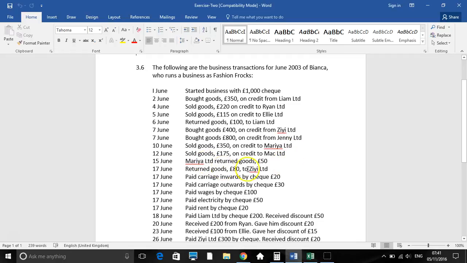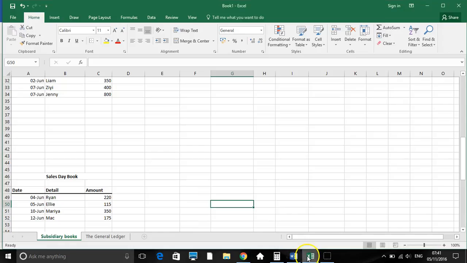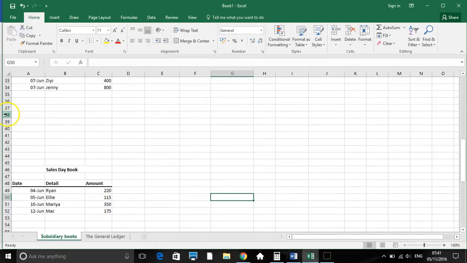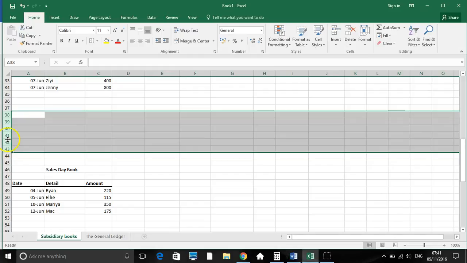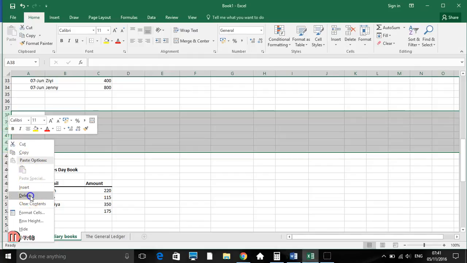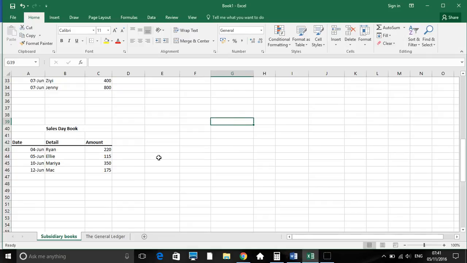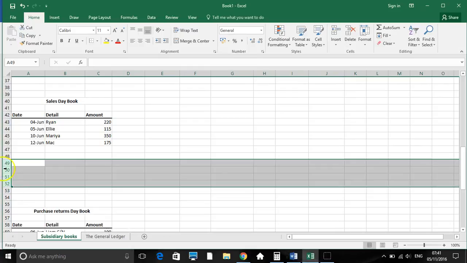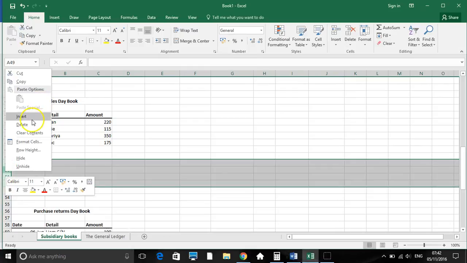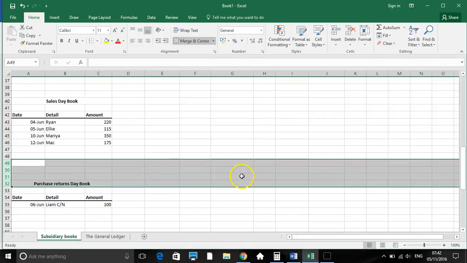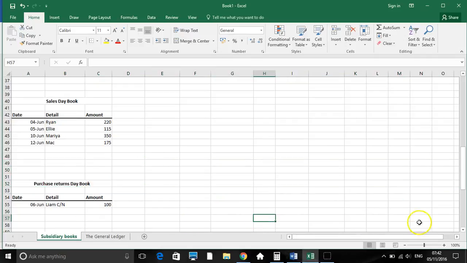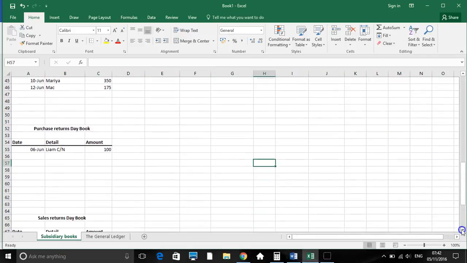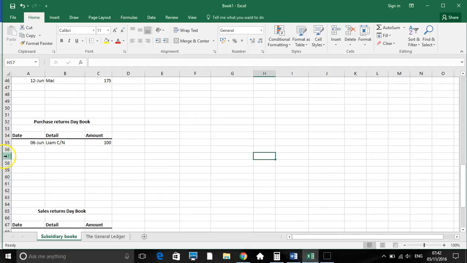Maria wasn't happy, so she returned some goods to you, so that's a sales return. I can actually reduce the spaces between these, because it's taking me a long time to scroll down. And let's get rid of this space as well.